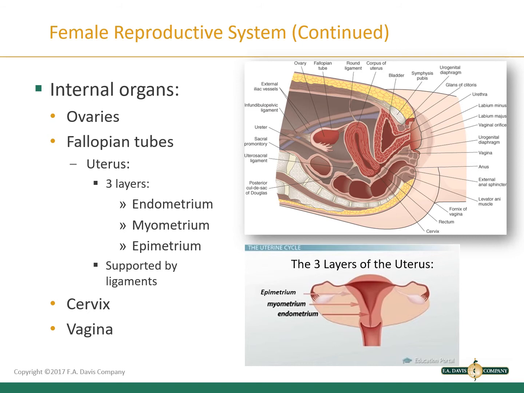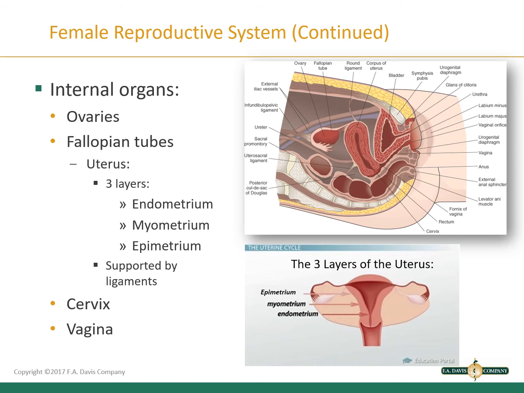Your uterus contains different layers. You have your endometrium, that's your inner mucous membrane layer. During menstruation and after delivery, the cells of the endometrium are sloughed off. You have your myometrium. This is a thick muscular middle layer.